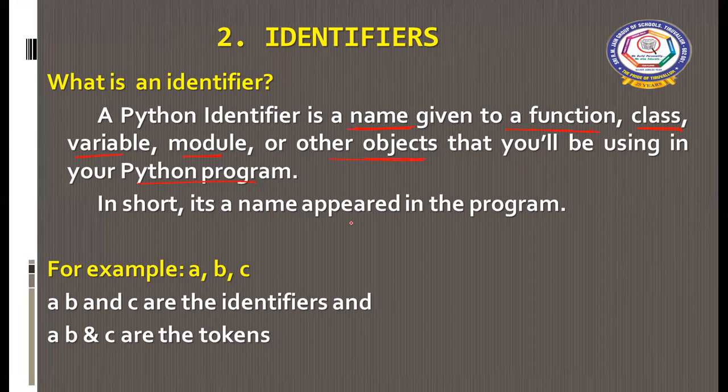Whatever name appears in a program, we call it an identifier. For example, A, B, C are names given, and these are treated as identifiers, and moreover, these individual units are also taken as tokens.